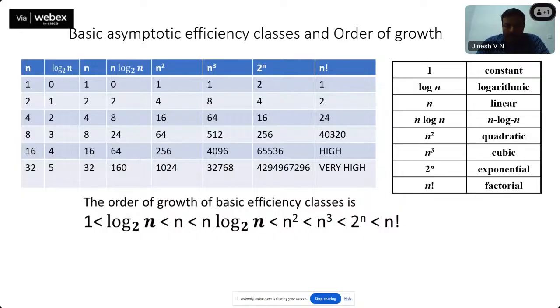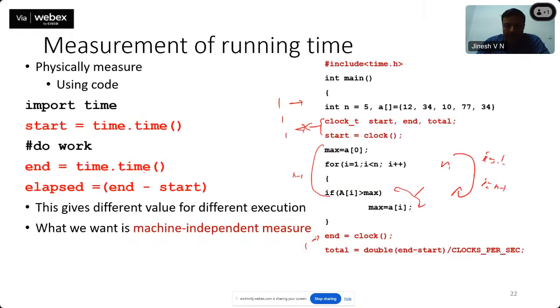Suppose in this example program we are counting how many times it is running. After counting we will come to know the total execution time. The total will be 4 plus n minus 1.